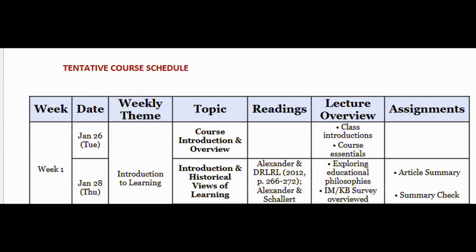Okay, so this takes us to the last little bit of this video, and this focuses on the article summaries. Now, these article summaries are pretty straightforward. We originally had 2 article summaries for the Alexander article and the Alexander and Shallert article, and you were expected to provide a half a page to page length summary for these readings.